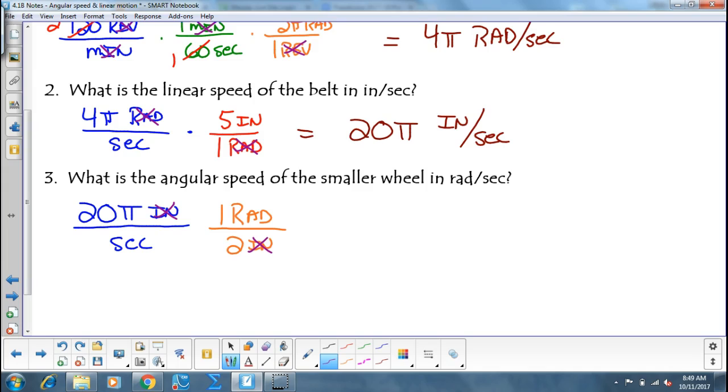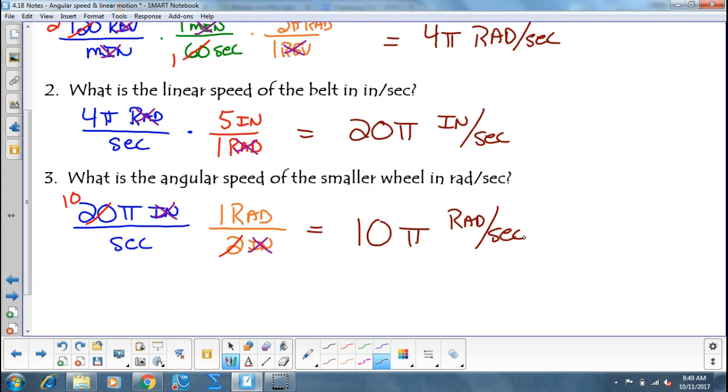So the angular speed in radians per second of the smaller pulley is, 2 goes into 20 10 times, so that would leave me with 10 pi radians per second.